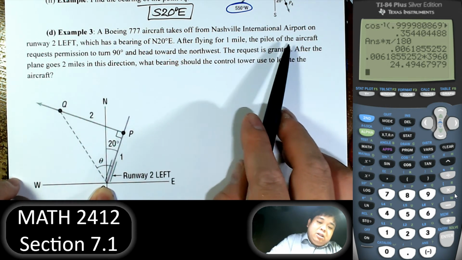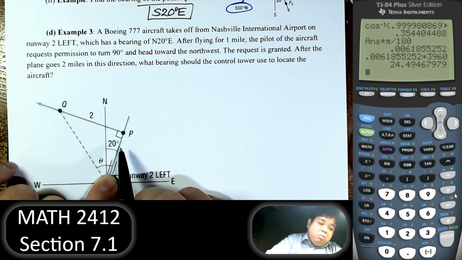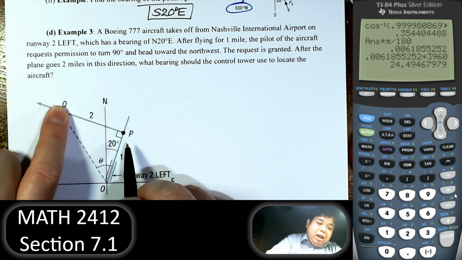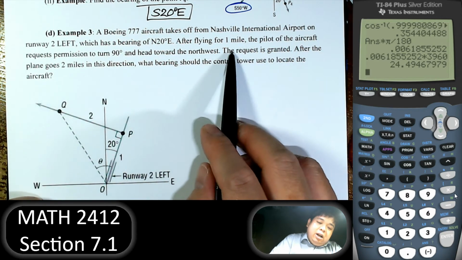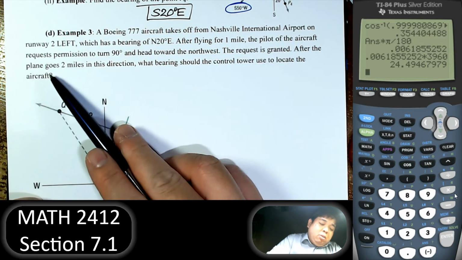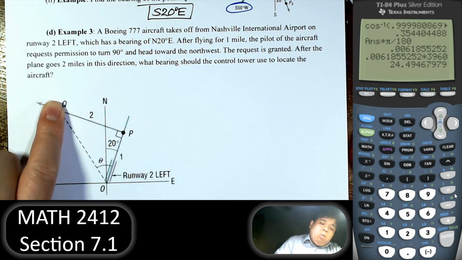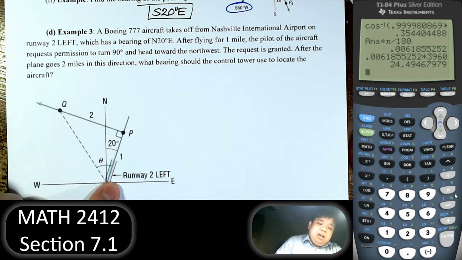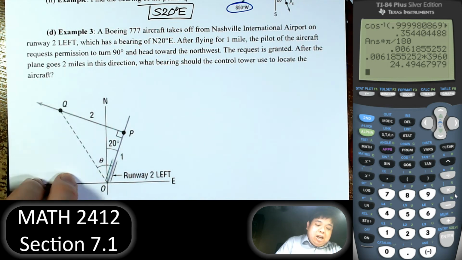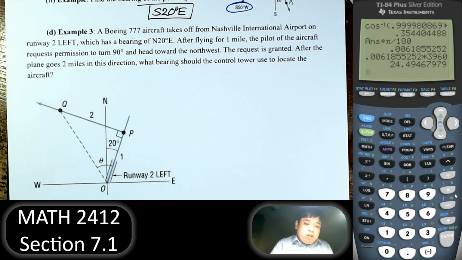The request is granted. After the plane goes 2 miles in that direction, what bearing should the control tower use to locate the aircraft?